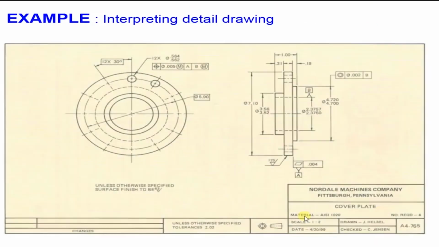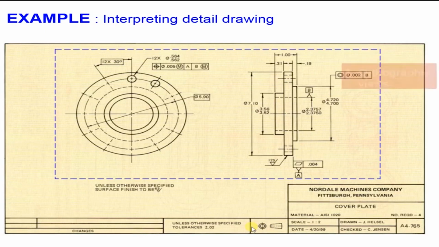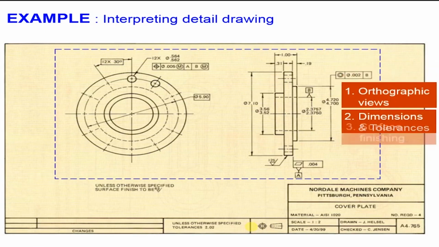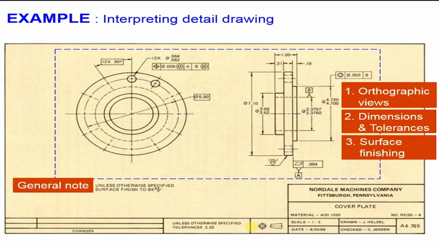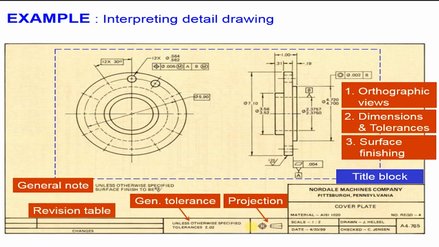Let me show you the example. As you see here the title block, and the notes, details, and the names, everything should be here. Orthographic view, dimension with tolerance, everything that I just now explained.